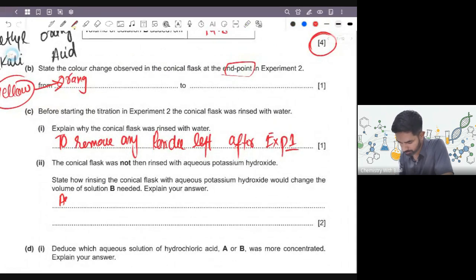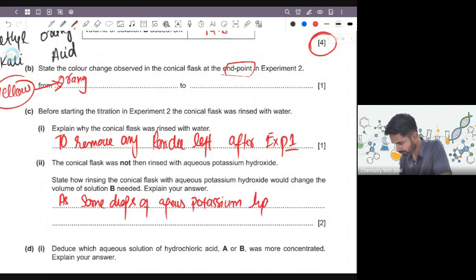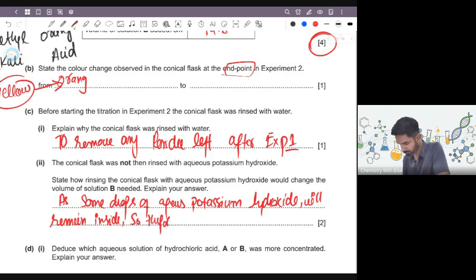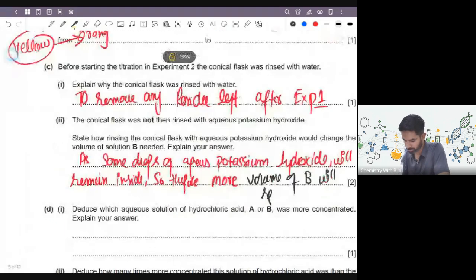So as some drops of aqueous potassium hydroxide will remain inside the flask, so therefore more volume of B is needed to reach the end point. More volume of B will be required. Right? तो B का ज्यादा वॉल्यूम चाहिए होगा टू रीच द एंड पॉइंट.